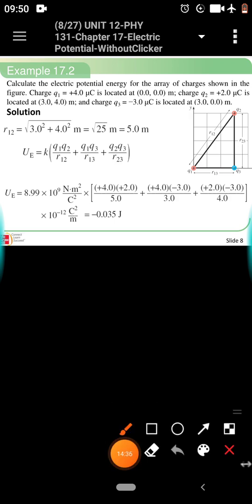When you take these points, this point and this point, and put them into the distance formula, let me call it R12.